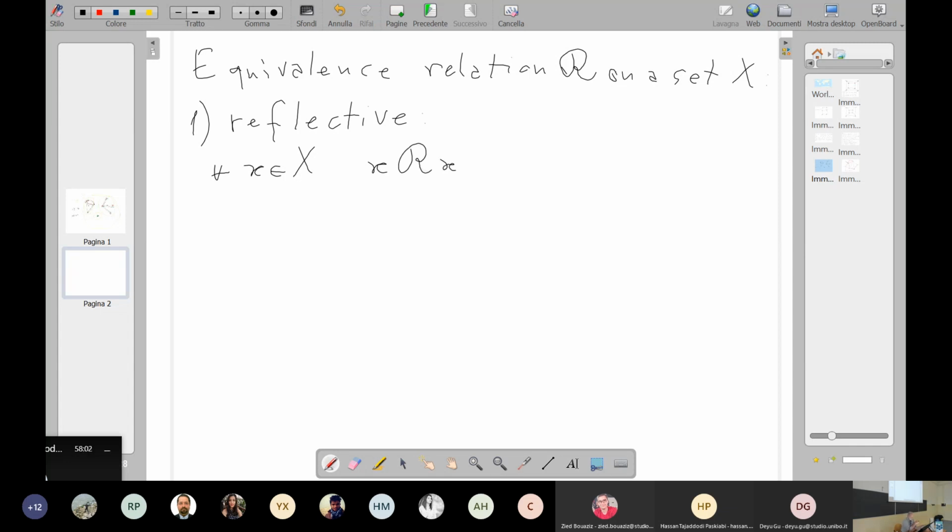So our connectivity relation is in this situation. X for us in this moment is the set of vertices of our graph, and the relation is: there is a path from the first to the second element.